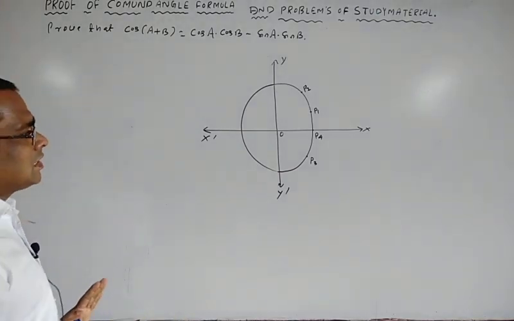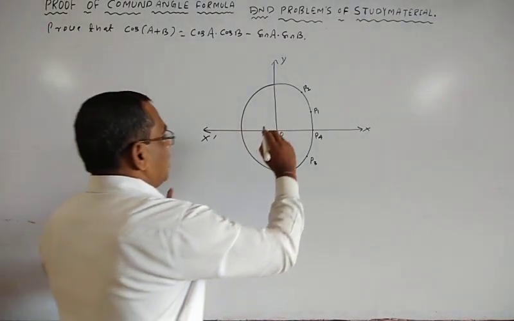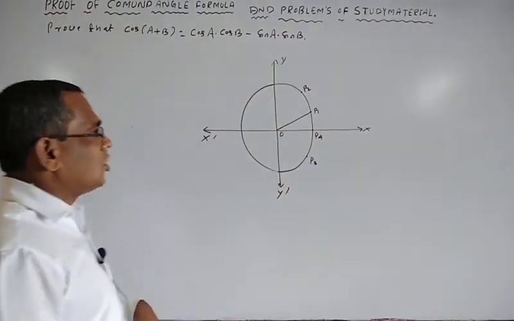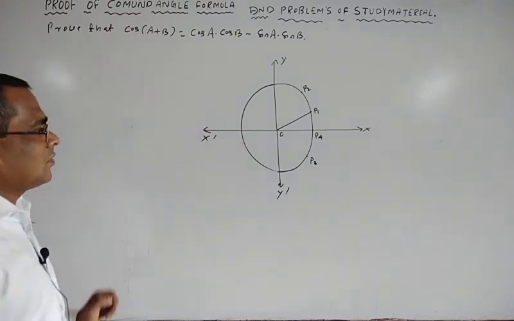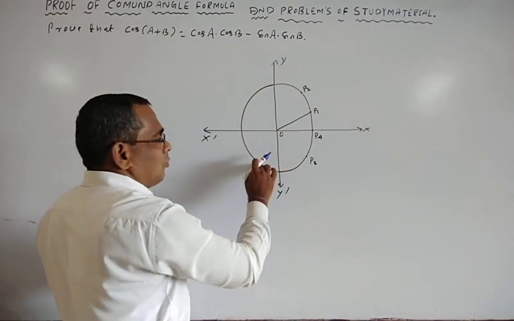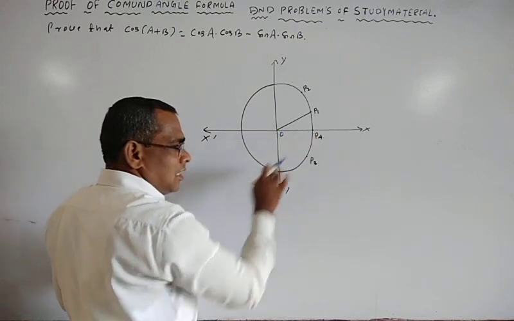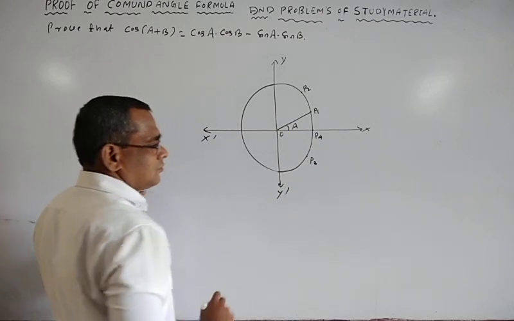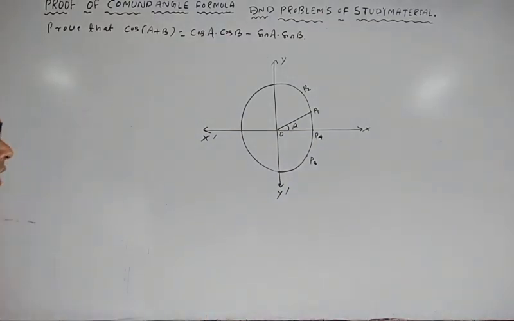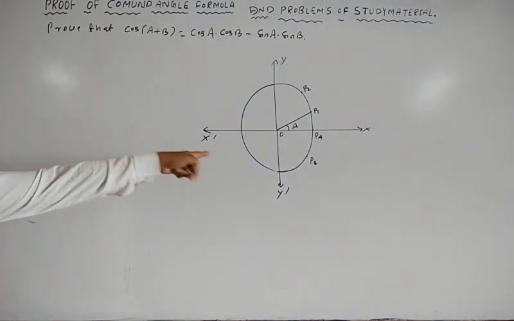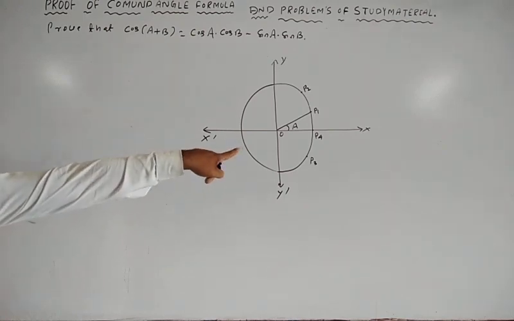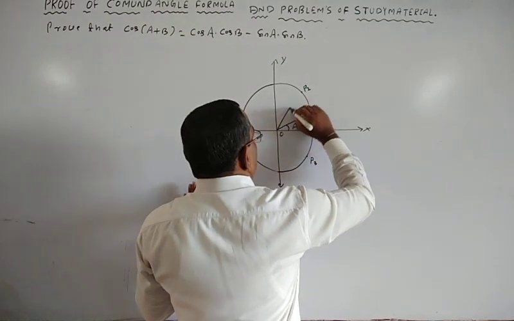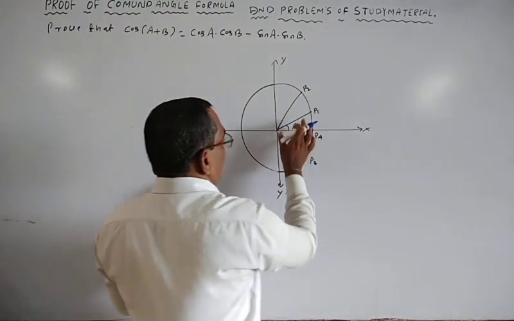Suppose the line segment joining OP1, its length is 1 because this is a unit circle. This line OP1 makes an angle with the positive direction of x-axis, that is OX, and this angle is A. Then OP2 makes a further angle B.